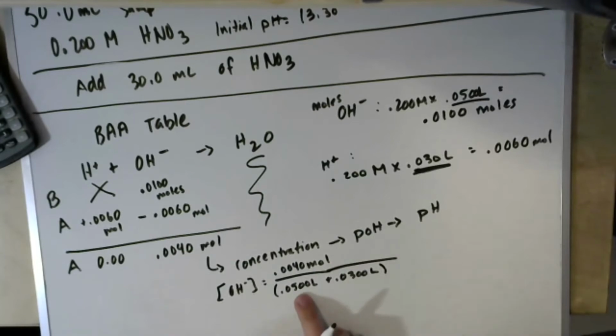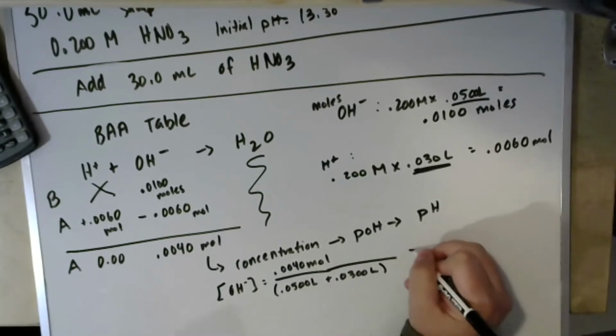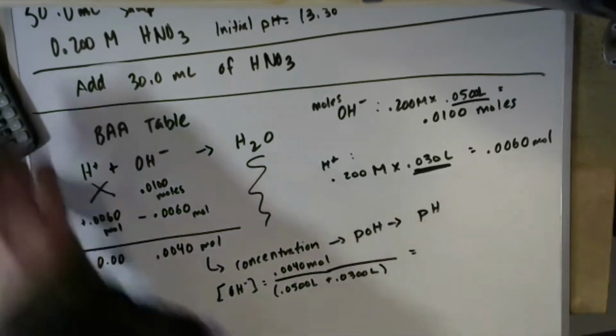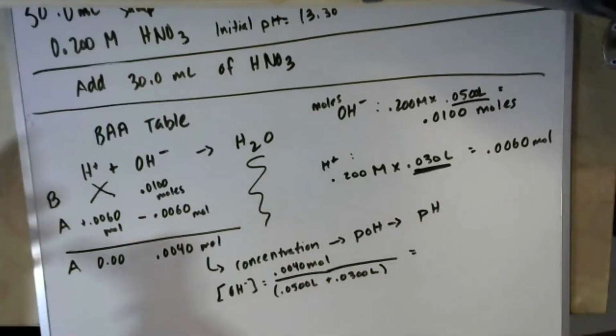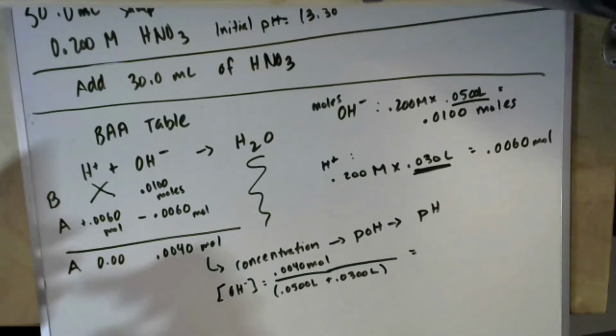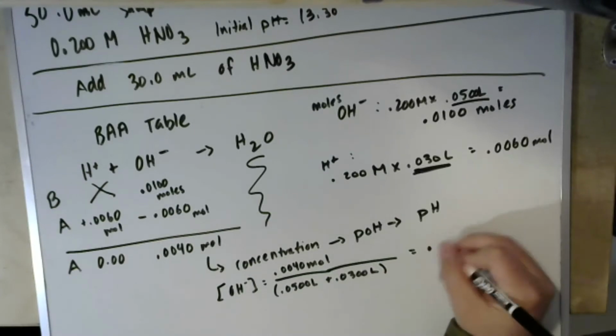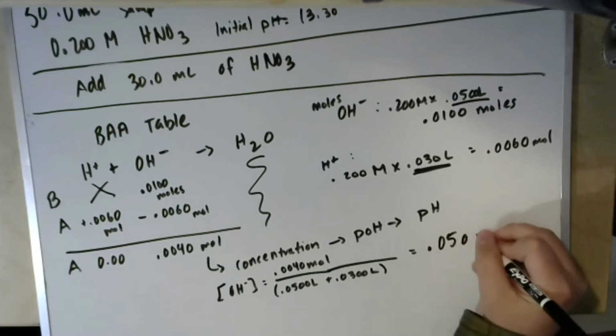That's the NaOH volume plus the HNO3 volume. And we get a molarity of 0.05 molar.